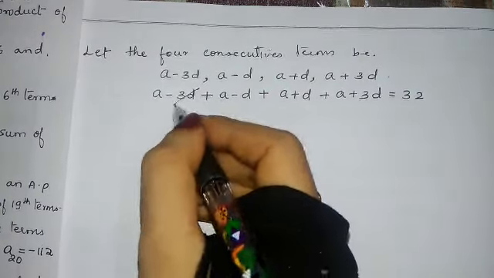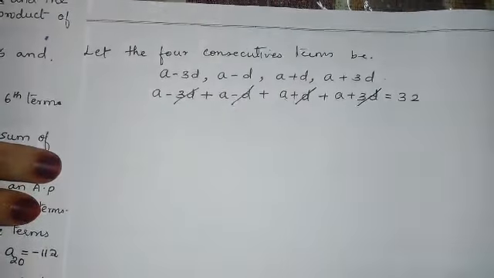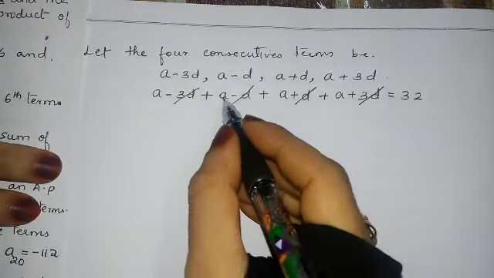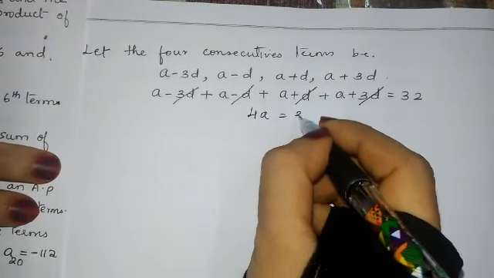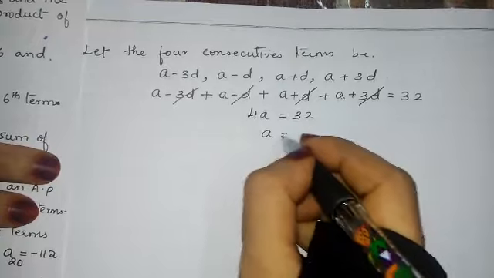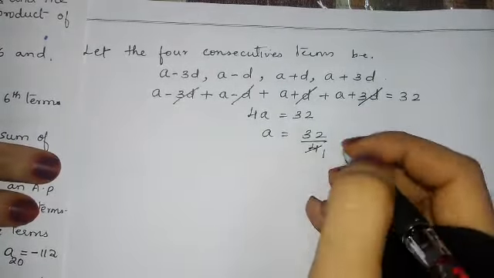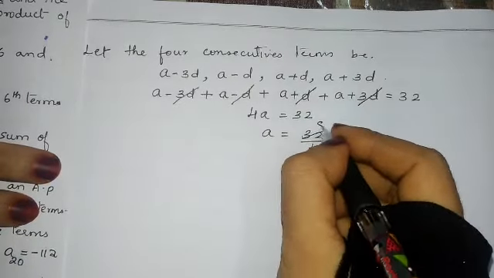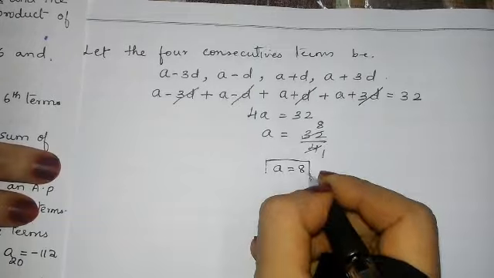So here minus 3D plus 3D get cancelled, minus D plus D get cancelled, A plus A plus A plus A, 4A equals 32. A is equal to 32 by 4. 4 eights are 32. What we got, A value? A is equal to 8.